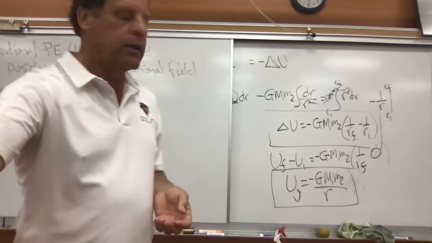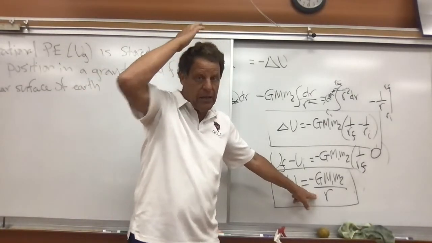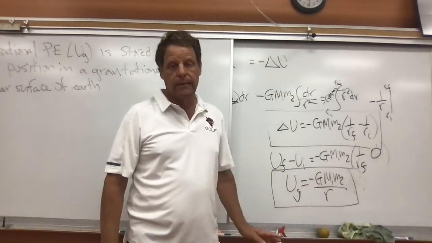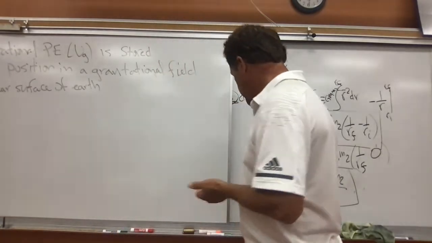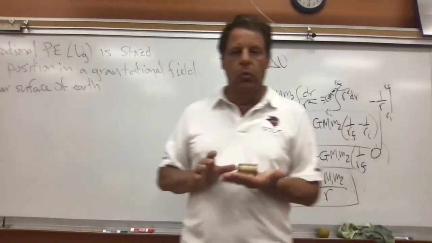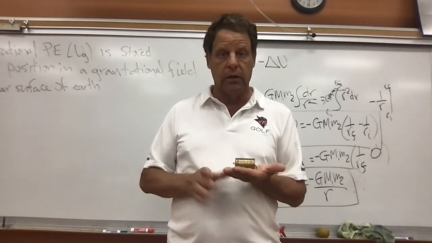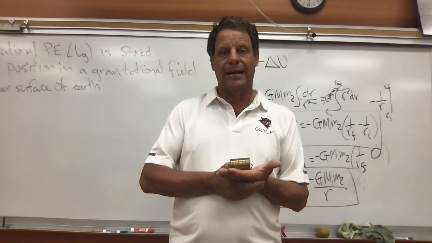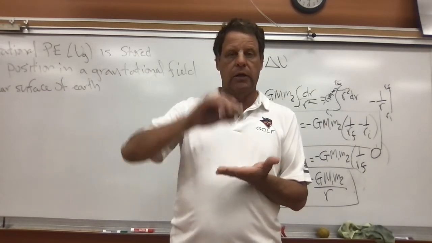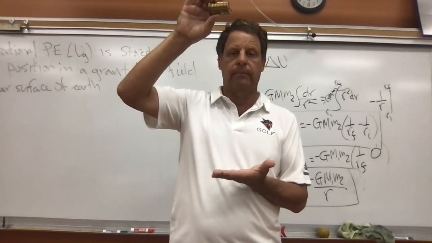So now we can think of this relative to anywhere, and just like in my example here, we could calculate what is the change in gravitational potential energy between here and here, okay?